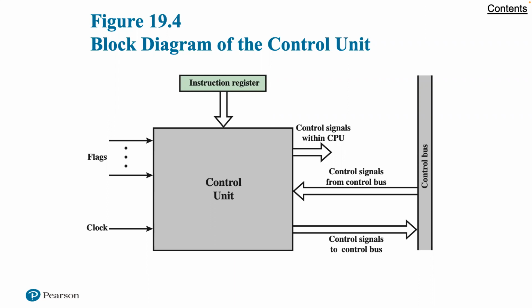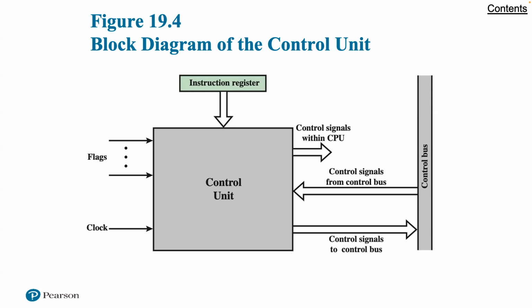These are the external specifications of the control unit. Internally, the control unit must have the logic required to perform its sequencing and execution functions. We defer a discussion of the internal operation of the control unit to section 19.3 and chapter 19.4. So we'll be coming back to this.